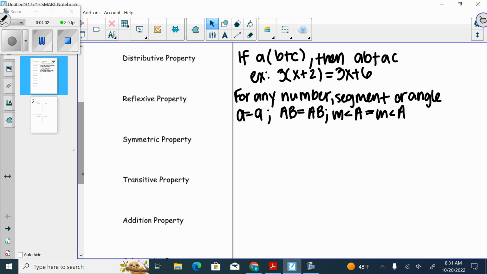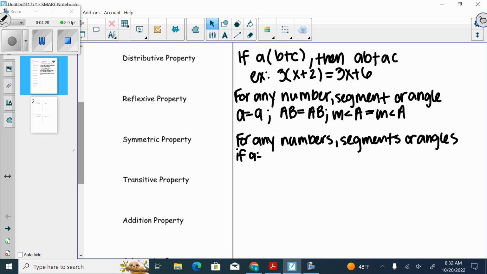Okay, our symmetric property says for any numbers, segments, or angles, if A is equal to B, then B is equal to A. Basically, our symmetric property is saying that it doesn't matter the order you write it in.